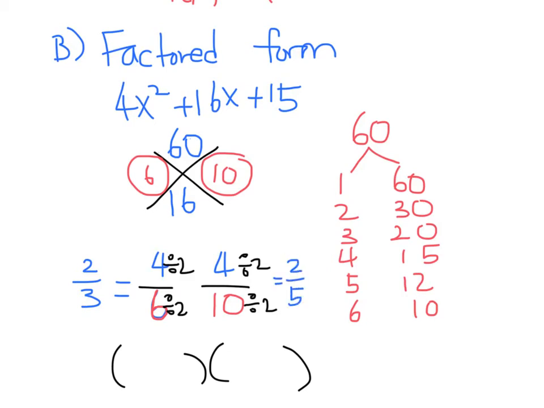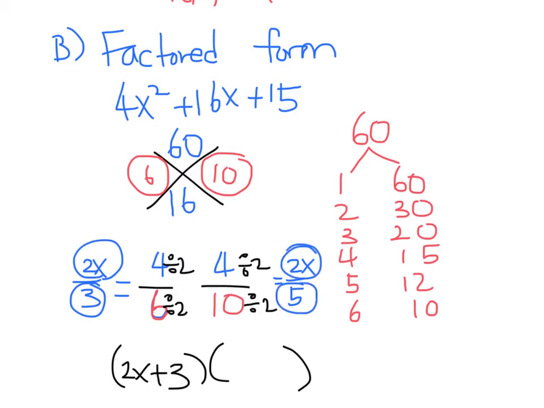So now let's look. What letter am I playing with over here? The X's. So I'm going to go ahead and put the X's on top. Okay? So then I'm just going to copy that. So it's 2x plus 3, and then 2x plus 5.